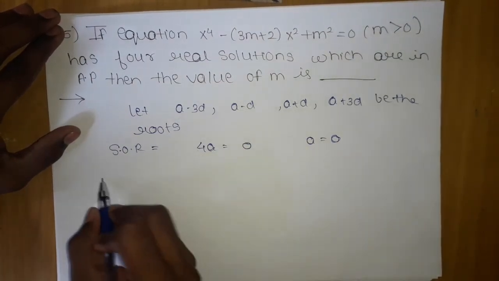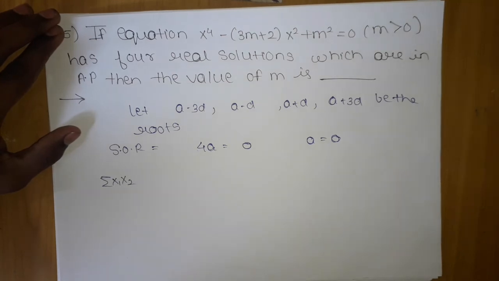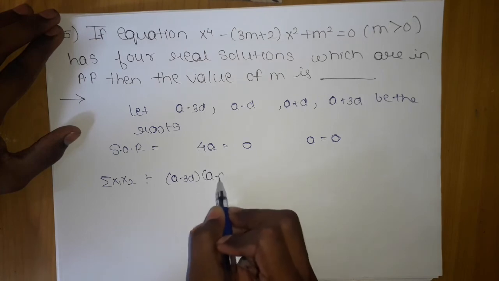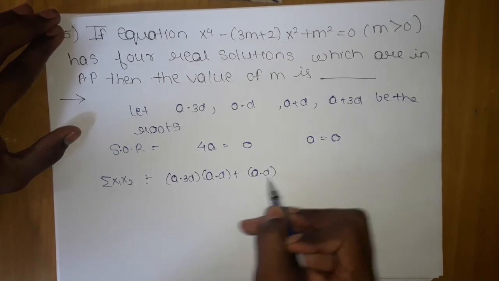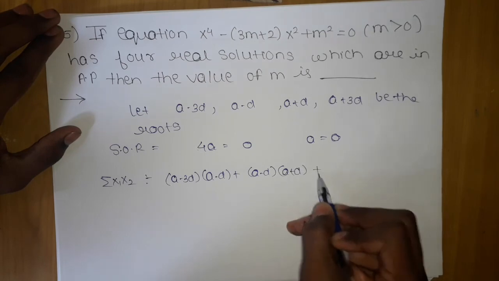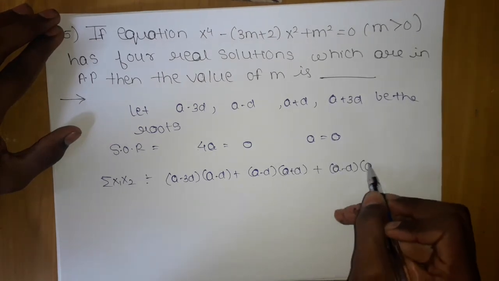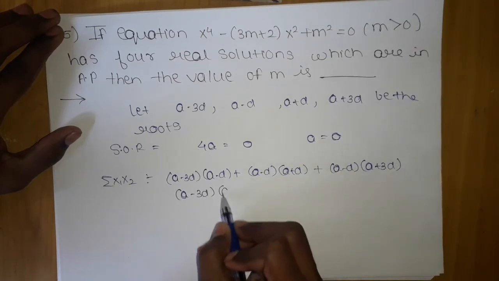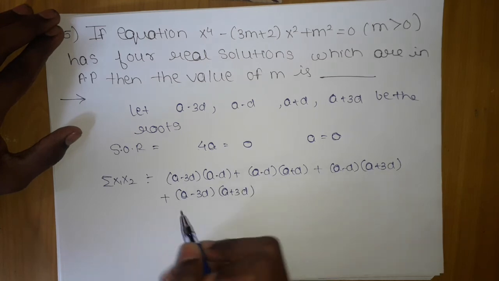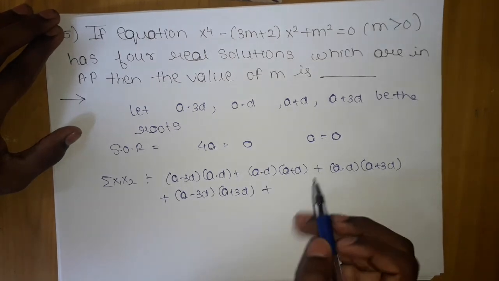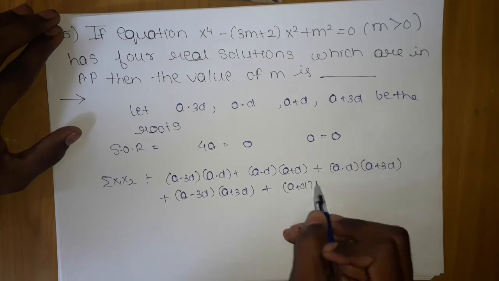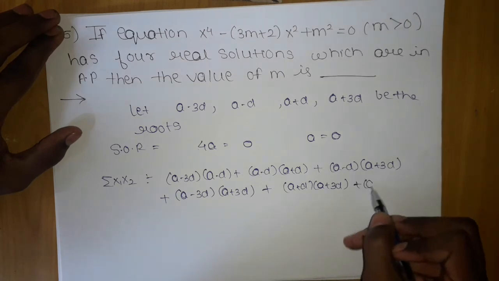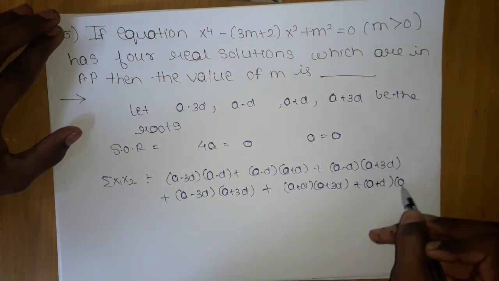Now if I take summation x1 x2, which is: a minus 3d into a minus d, plus a minus d into a plus d, plus a minus d into a plus 3d, plus a minus 3d into a plus 3d, plus a plus d into a plus 3d, and one more, a plus d into a minus 3d.